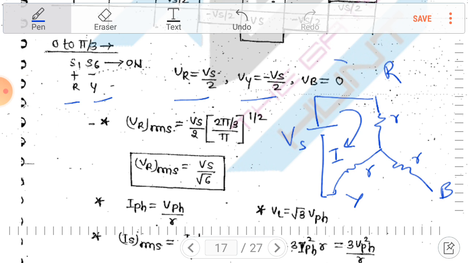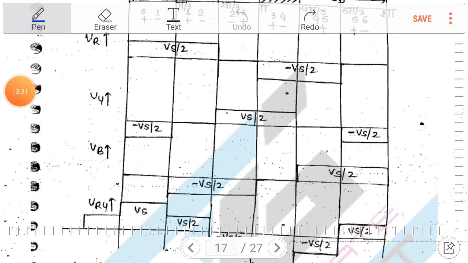Vb is disconnected, so Vb is equal to 0. Similarly, we will draw the waveform for the next 5 modes and we can draw a complete cycle.